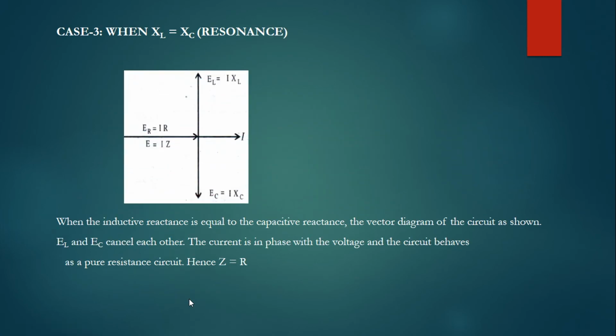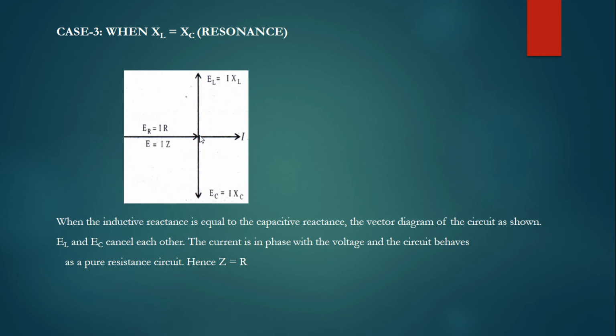What happens if XL is equal to XC? When XL is equal to XC, there is no perfect triangle, because XL is equal to XC.